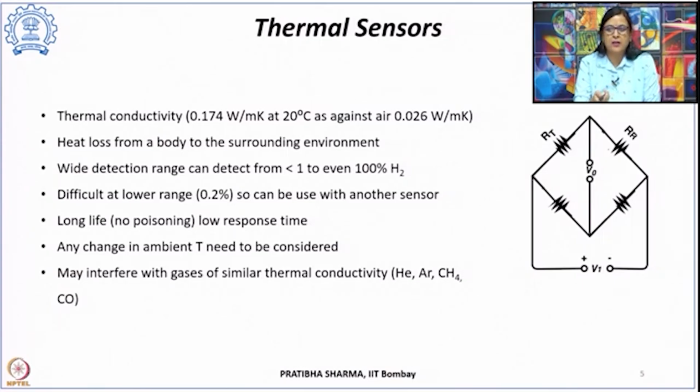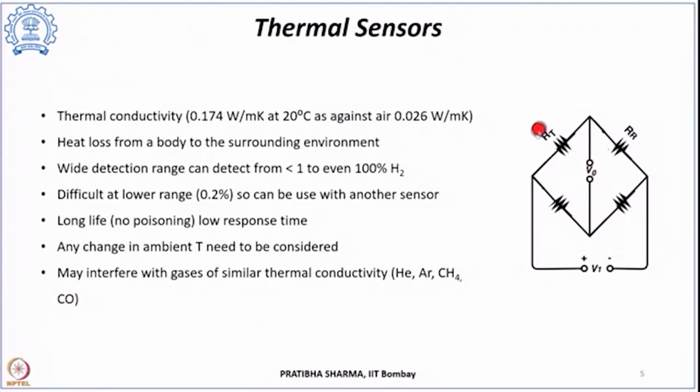Now, to understand that better, this type of thermal sensors usually consist of two resistors. One is a target gas resistor and a reference resistance. So, these are two similar resistances, and these are actually housed in a reference cell and a target cell. So, these are connected in a Wheatstone bridge. Now, in case when there is no hydrogen in the environment, both these resistors are exposed to air.